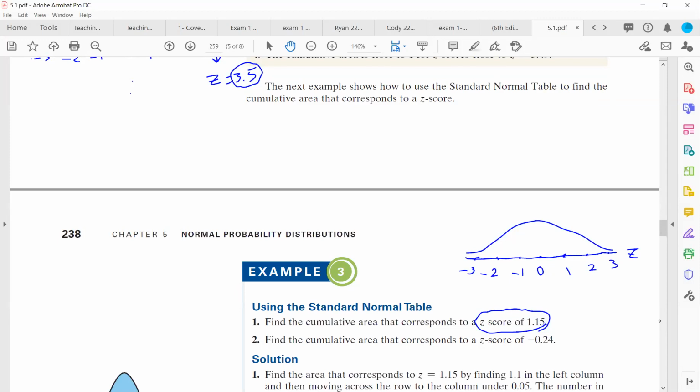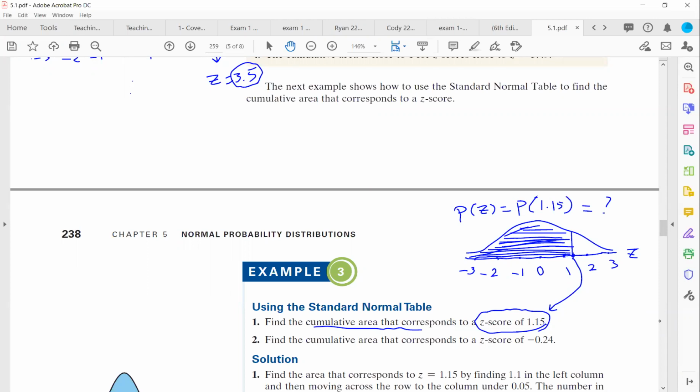Where is my z? Z is 1.15. Where is 1? 1 is here. 1.15 is a number here. This is your z. But what is the area? What is the probability? I'm looking for this probability on the left-hand side, P of z or P of 1.15.